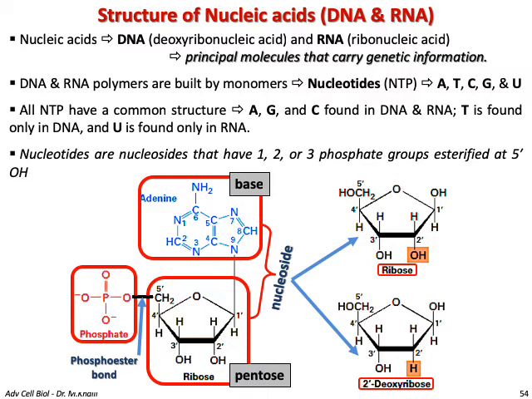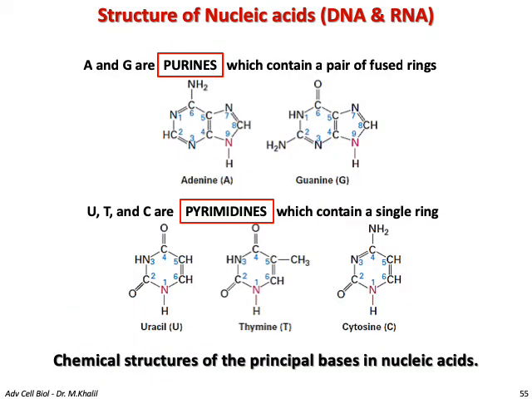The sugar is either ribose or deoxyribose, with a deoxygenated terminal on the 2' end. There are 5 types of nucleotides. 2 of them are purines and 3 of them are pyrimidines. You don't need to study the chemical structure of these nucleotides.